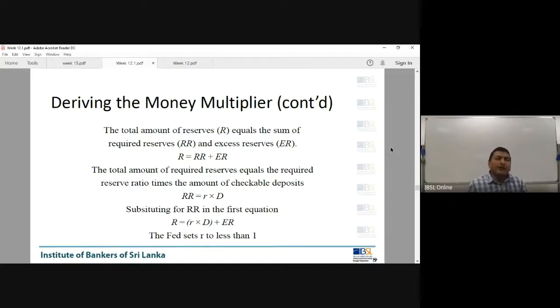Banks often keep a small percentage in excess reserves. So with required reserves RR and excess reserves ER, you can write down the so-called total reserves R equals RR, required reserves, plus ER, excess reserves.